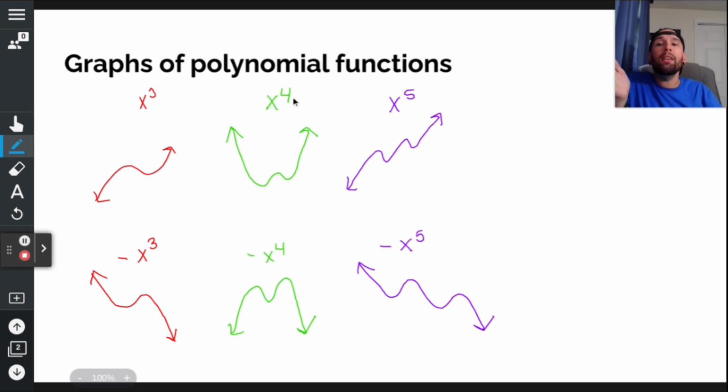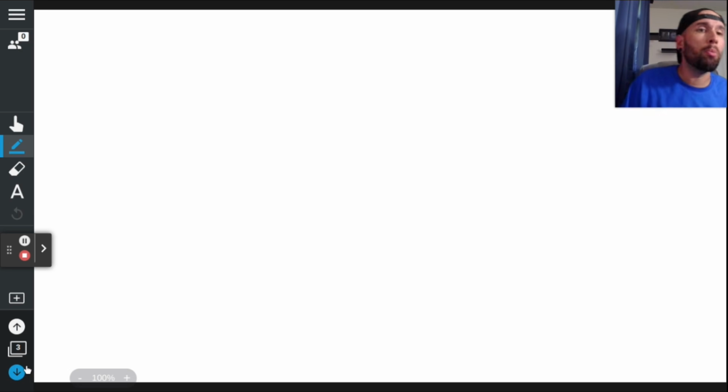If it's an even degree, so x to the sixth, x to the fourth, parabola, x squared, if it's positive, it starts up top, ends up top. When you throw negatives in front of these guys, you spin things upside down, and that's the main difference between the two, okay? So very basic ideas of what the graph of a polynomial function could possibly look like when the degrees are different.